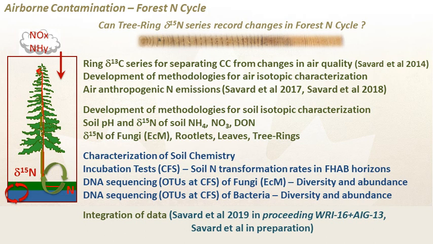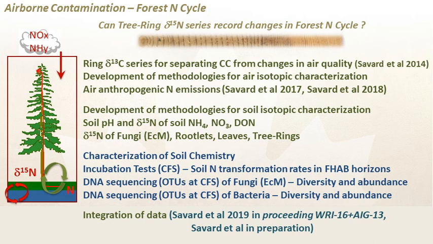And in order to do that, we had to evaluate what were the signals in the air components. We did that, we published that, and we see that it's limited in terms of capacity to fingerprint these emissions by delta N15 values. Later on, what we wanted to do is characterize the various compartments in the forest in order to find out how the anthropogenic emissions impact the nitrogen cycle in the forest.